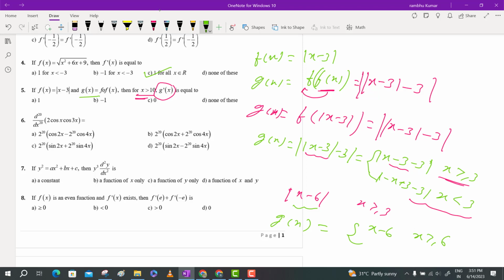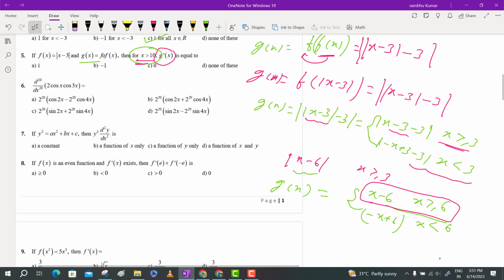Now this will give minus x plus 6 when x is less than 6. Got it? Now our condition given here is x greater than 10, which means this is the condition we have. Which condition? The first condition.